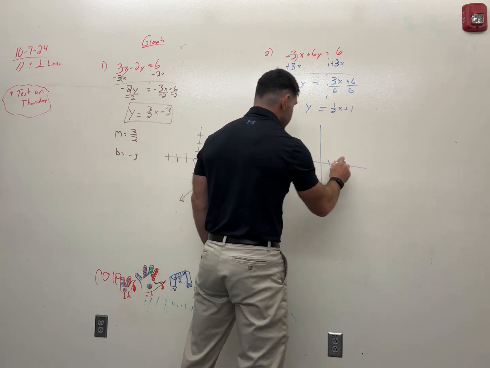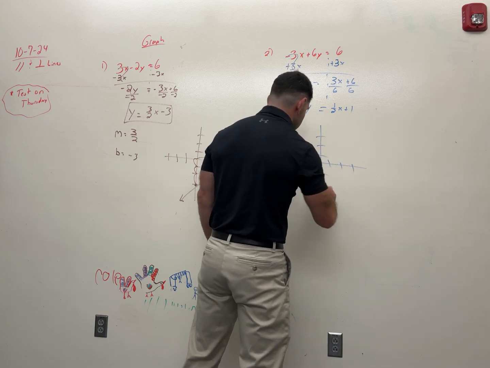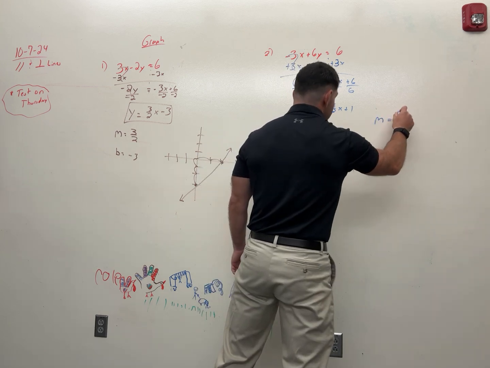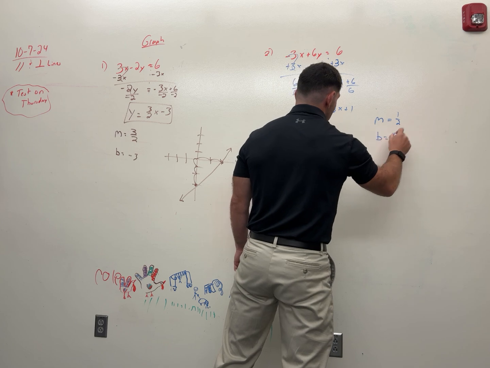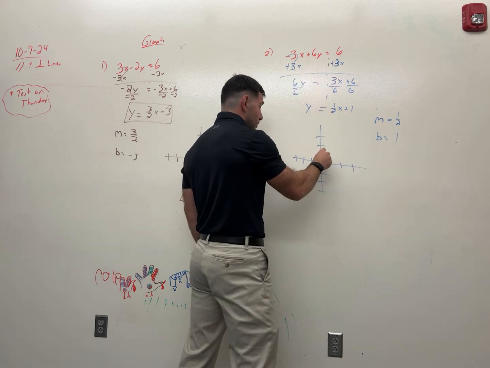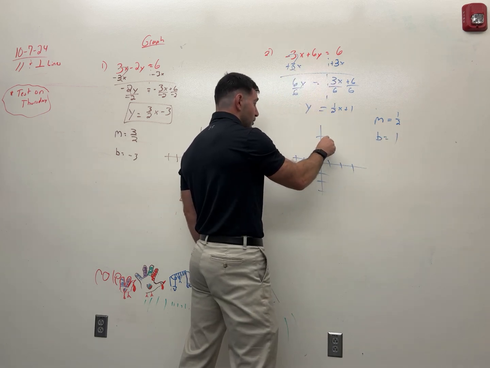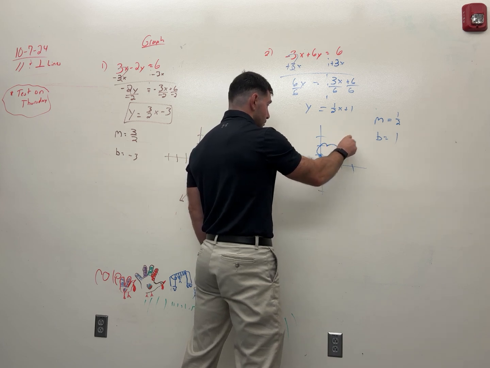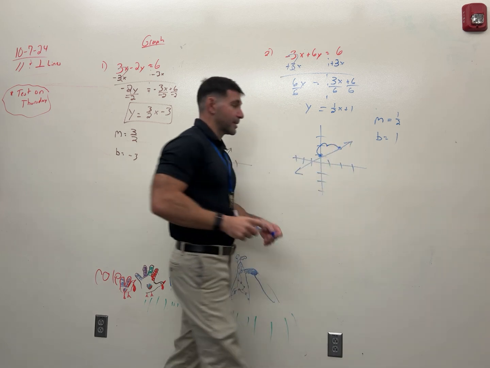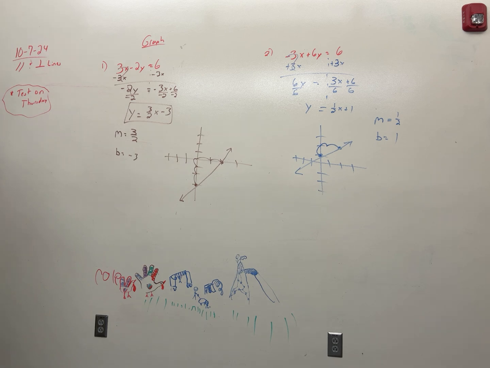M is 1 half, that's my slope. My y-intercept is 1. I start at 1. I'm going up 1 over 2. And I've got it. Questions, concerns, problemos?